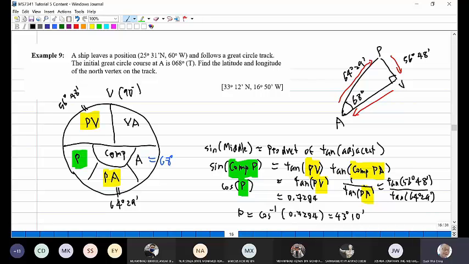This is the angle P. So my final angle P is 43 degrees 10 minutes. So for this angle P, there's only one answer. This answer is 43 degrees 10 minutes.